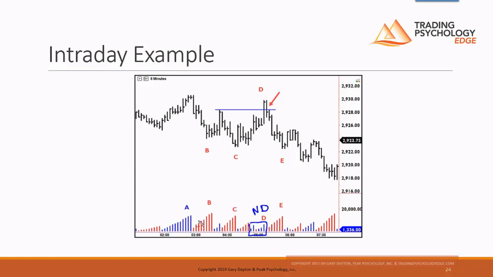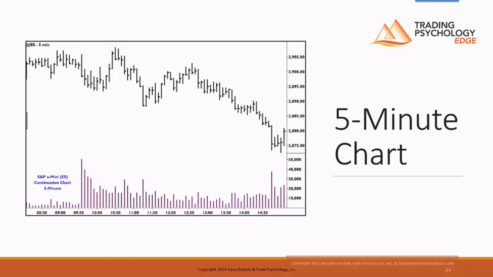No demand after selling has come into the market via an upthrust, a picture-perfect way to trade. And our objective, of course, is to take out the low of C, and we do that without any difficulty whatsoever.